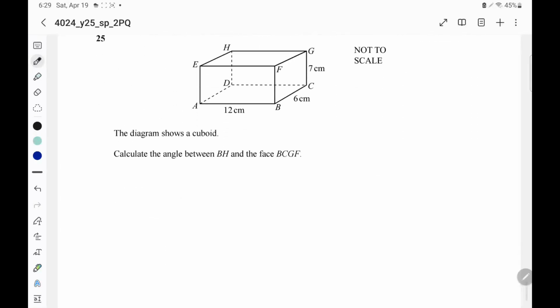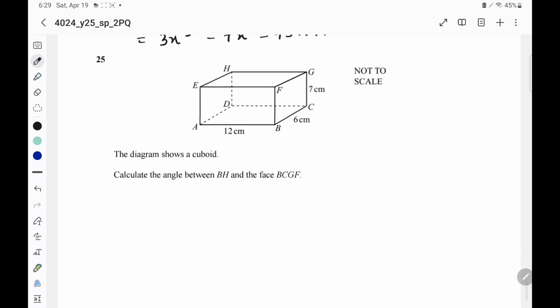Okay, now this is the last question, a 3D trigonometry question. The diagram shows a cuboid. Calculate the angle between BH and the face BCGF.